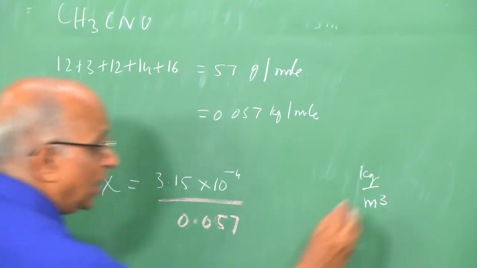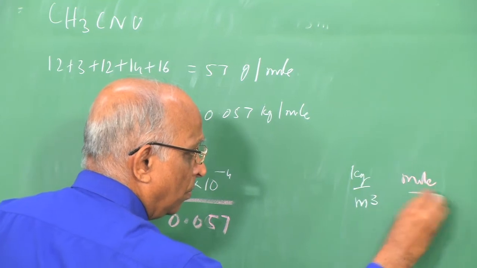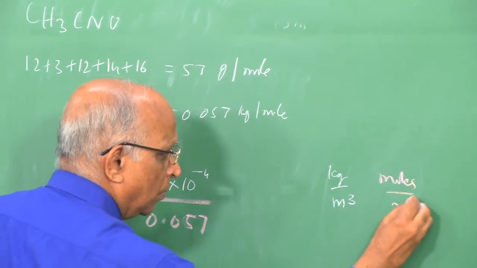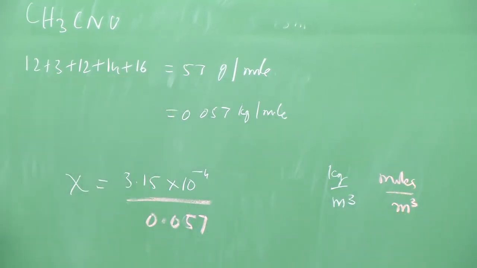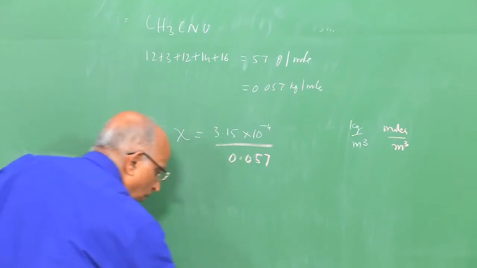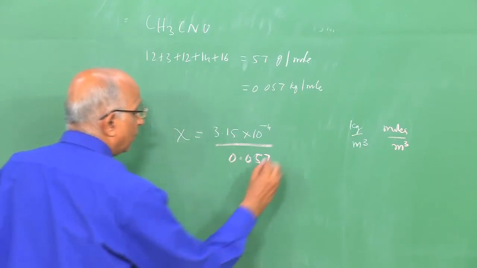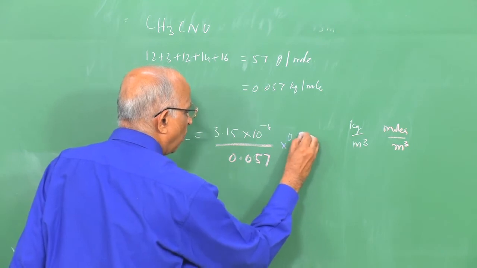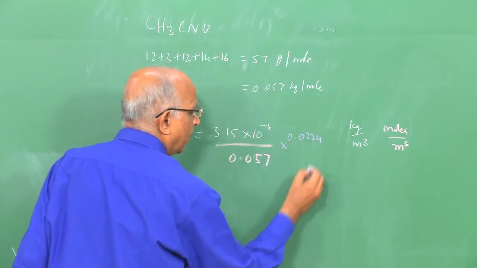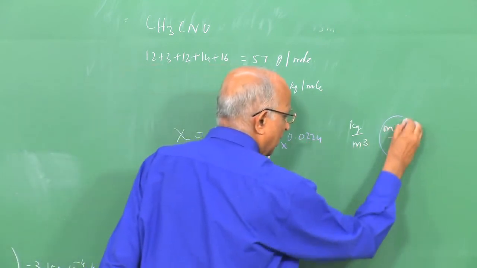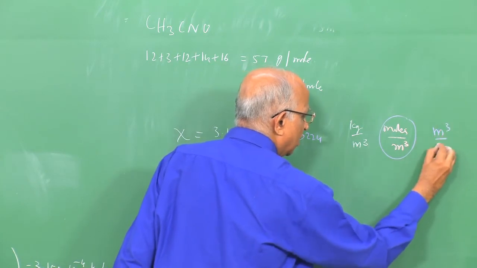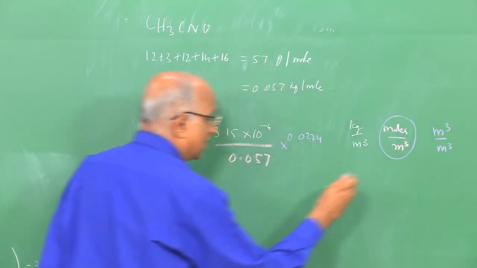This gives me moles per meter cube. I know 1 mole at standard condition has a volume of 22.4 liters, and therefore this gives me 0.0224 so much. Now this gives me meter cube by meter cube, but this is at the standard condition.